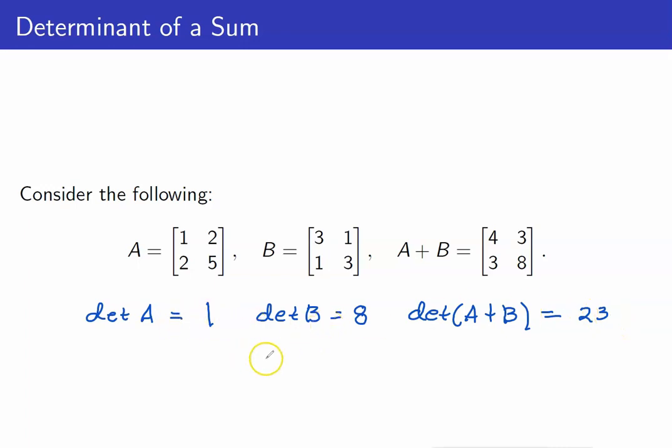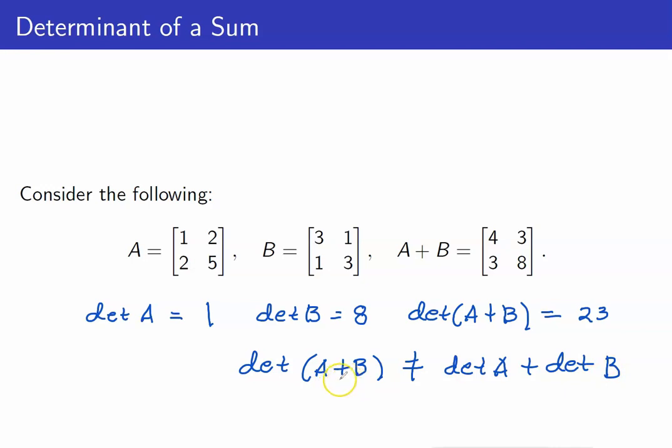So therefore, from this example, we now know that the determinant of a sum is not equal to the sum of the determinants. We cannot distribute the determinant if the operation inside is plus. However, for the case of products, it turns out that the determinant can be distributed, as we will see in the next slide.